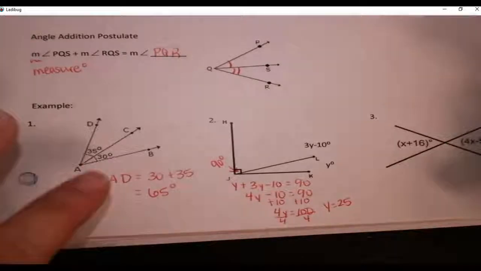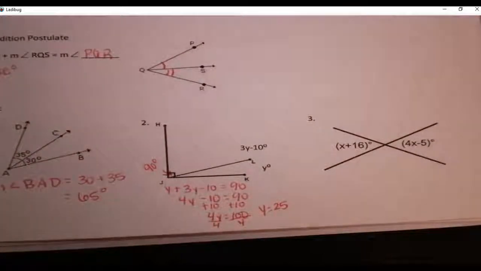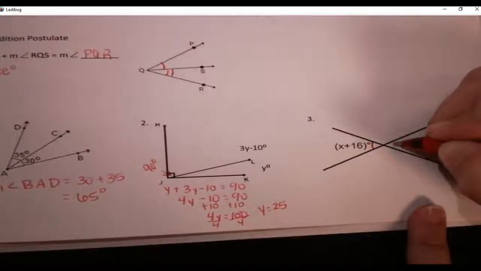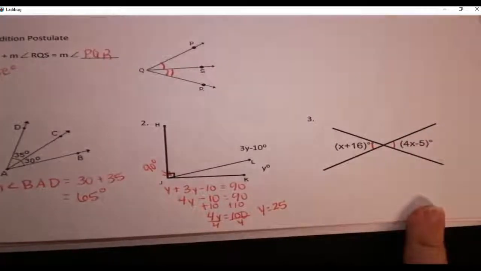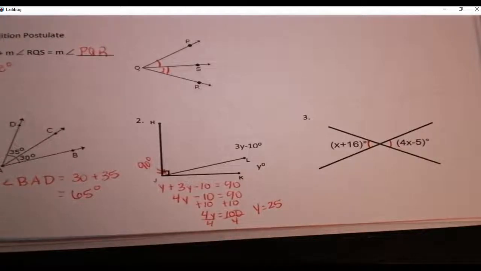Alright, let's look at 3. On number 3, I have these two angles that are across from each other. Well, what did we say these are called? Well, yes. The lines are intersecting, but the angles are called vertical angles. And what did we say that vertical angles are? Equal to each other.